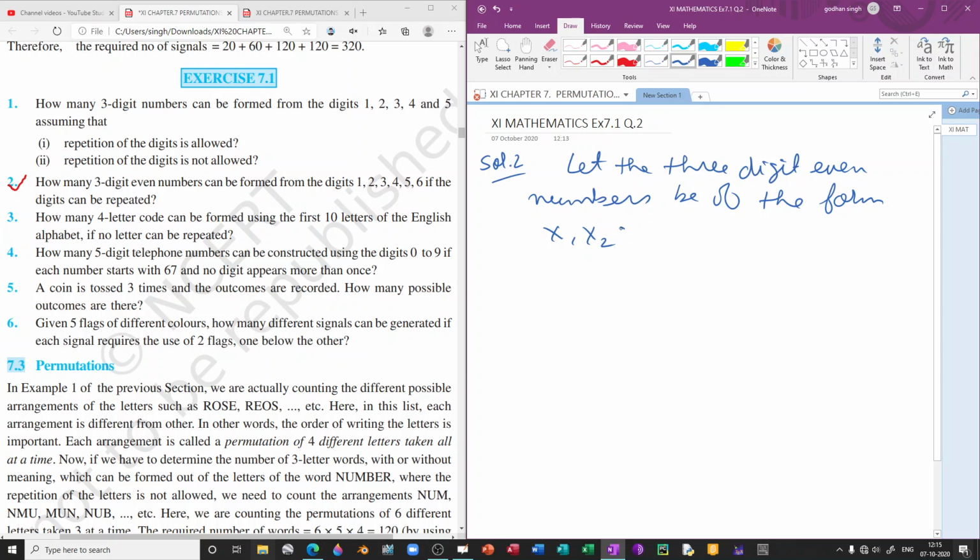Now here what is given is that the digits 1, 2, 3, 4, 5, 6 can be repeated.